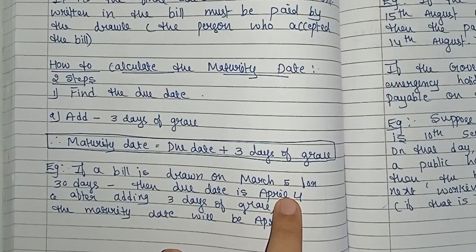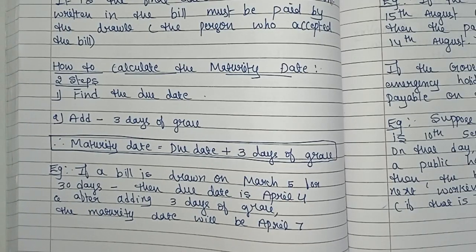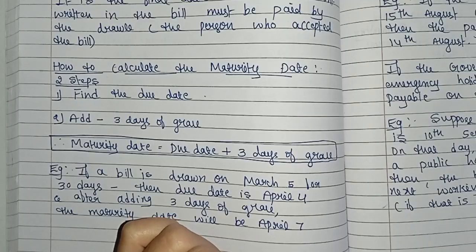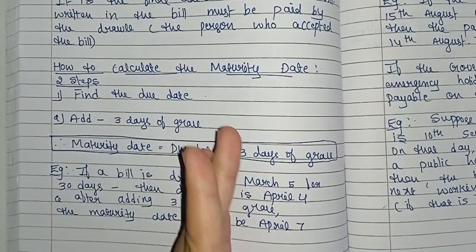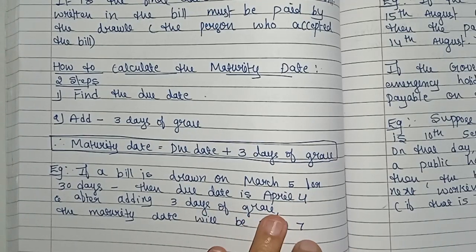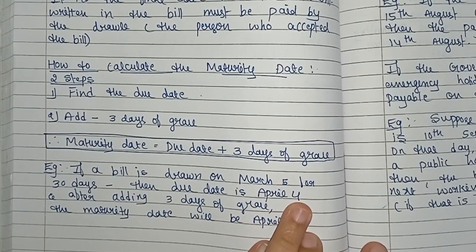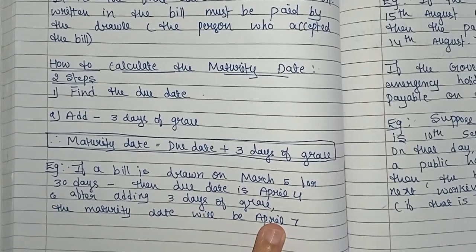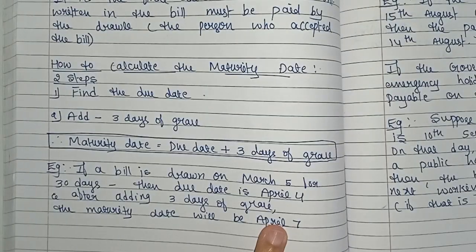Clear? Now the next step is to add 3 days of grace. These extra 3 days are legally allowed to the drawer or drawee to make the payment. Now add 3 days of grace to April 4th. The maturity date will be April 7th.